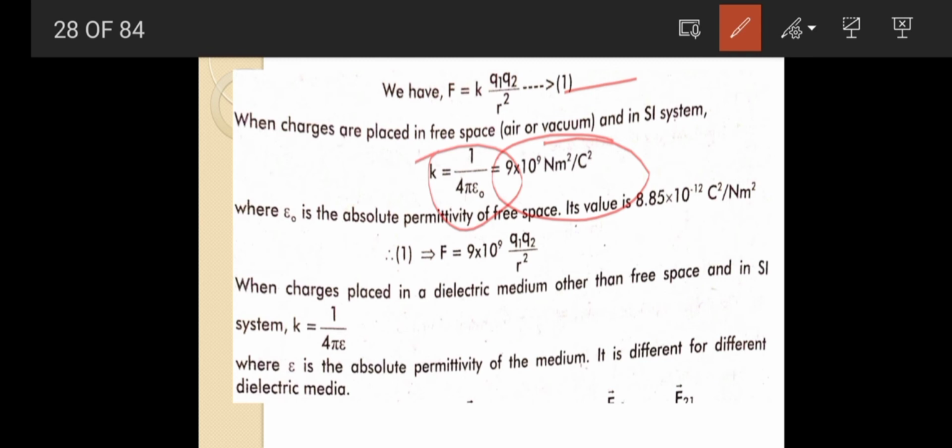Where epsilon naught is the absolute permittivity of free space, its value is 8.85 into 10 to the power minus 12 Coulomb square per Newton meter square. Now equation 1 becomes F equal to 9 into 10 to the power 9 into Q1 Q2 divided by R square.